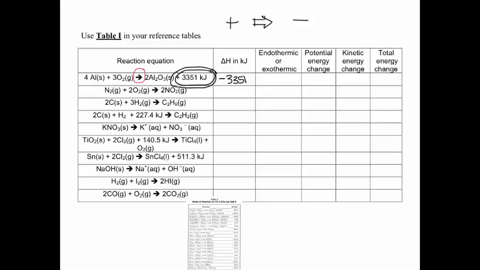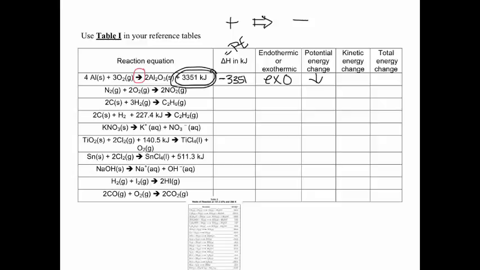All right, the rest of the columns that we have to fill in is this endo or exothermic. This is exothermic because our delta H value is negative, or you could have recognized that based on the fact that the heat was written on the product side, or the right side, of the reaction arrow. The potential energy change, since our delta H value is negative, and delta H is essentially the change in the potential energy, our potential energy went down.